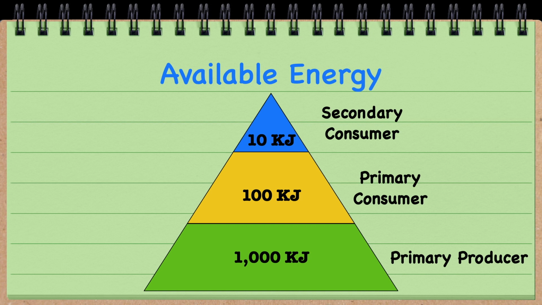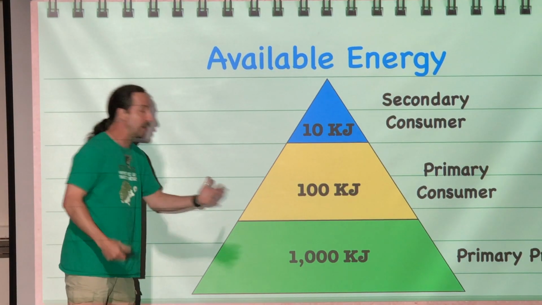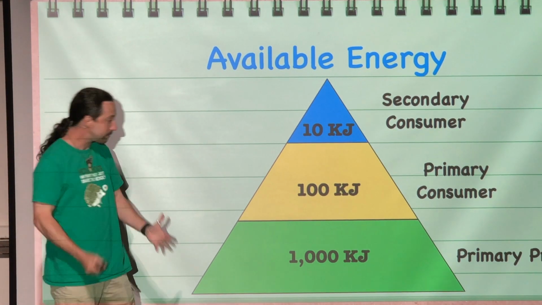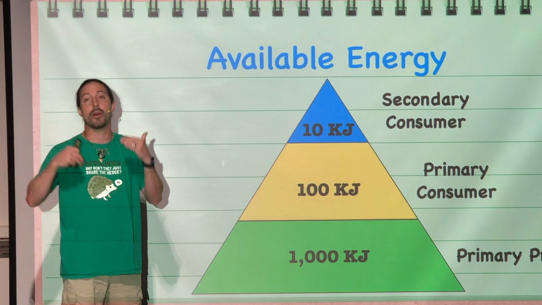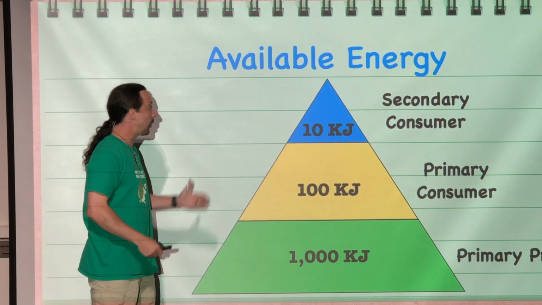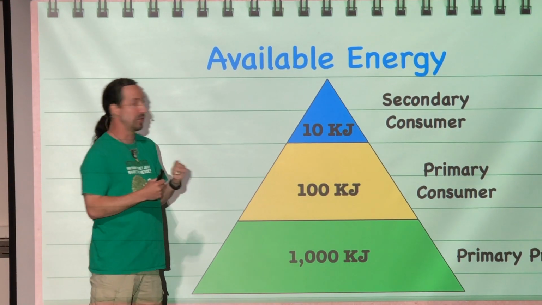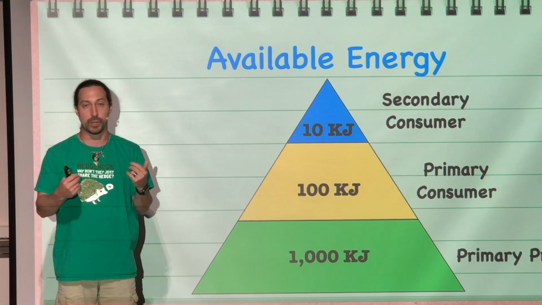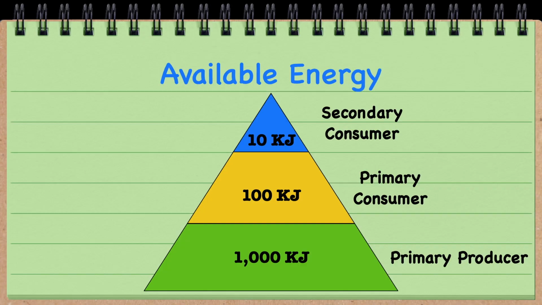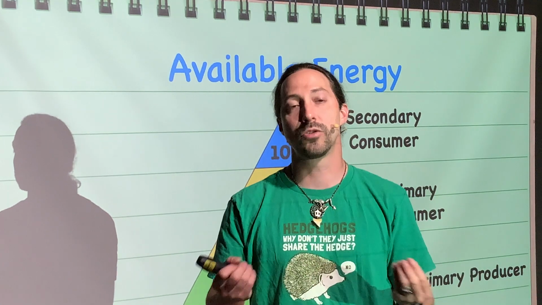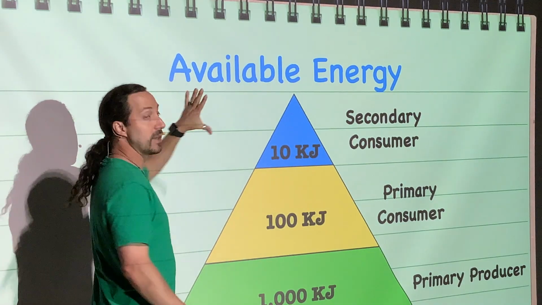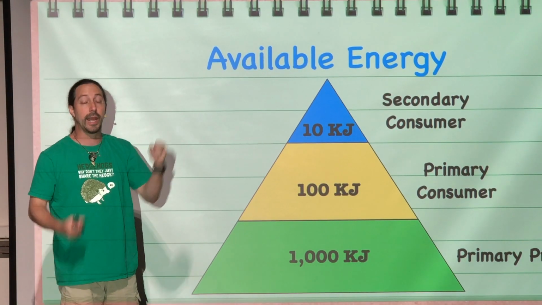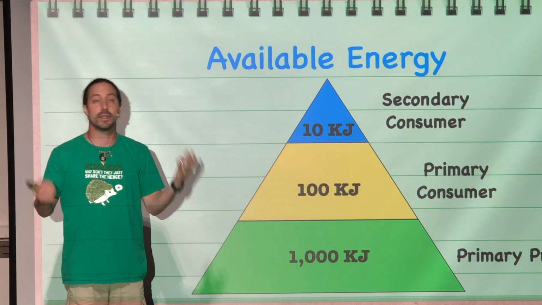This means that if we have about 1,000 kilojoules in our primary producer level, we're only going to have about 100 kilojoules in our primary consumer level, and then we'll only have about 10 kilojoules in our secondary consumer level. Each trophic level only being 10% of the energy that the previous trophic level had. And that is the trend that we see with available energy, the energy that will be stored within the different organisms.